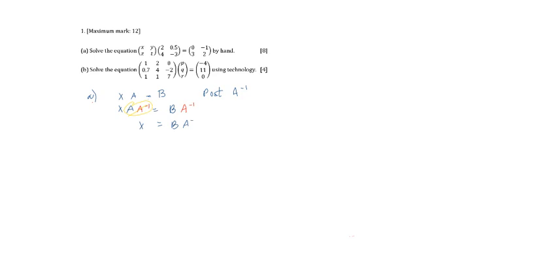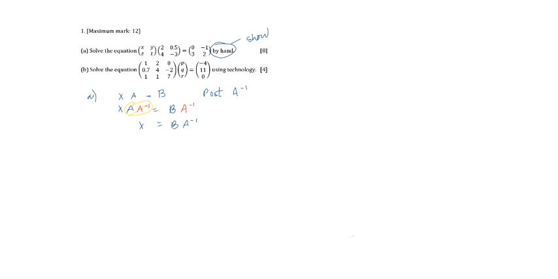equal to B times the inverse of A. Now, first is to identify our inverse of A by hand, meaning we need to show our calculation. We will not be using a calculator. Everything must be by hand.